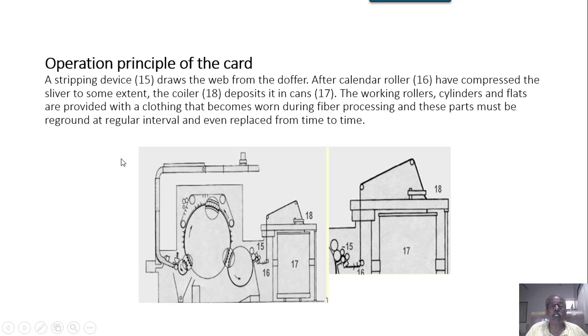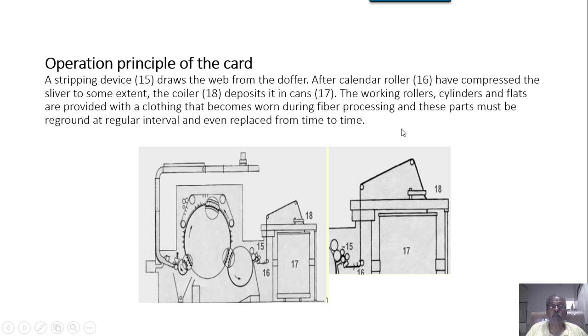So now on the delivery side, a stripping device draws the web from the doffer, here at 15. So this will draw, meaning it will get transferred. After that, the calender roller pair is there, the 16 here.